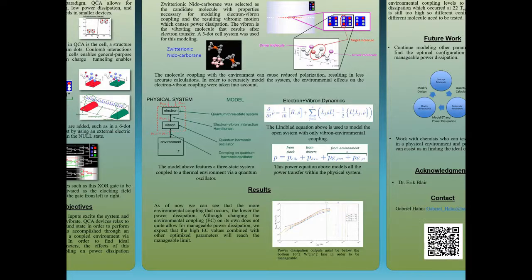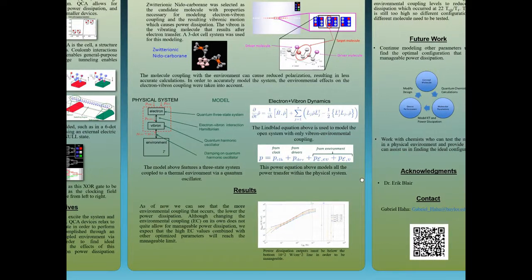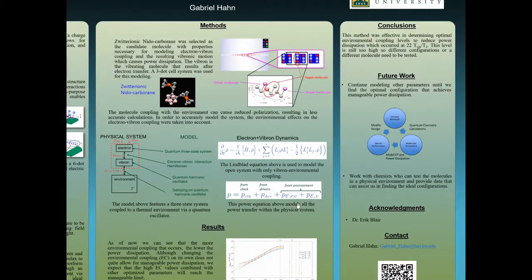But when we combine these ideal higher parameters with other parameters that we've tested, we can create a molecule that has the perfect parameters for reaching manageable power dissipation. But overall, this method and this model were very effective in determining the correct environmental coupling powers to reduce power, and the best values occurred at 22 tau vibron over T1.